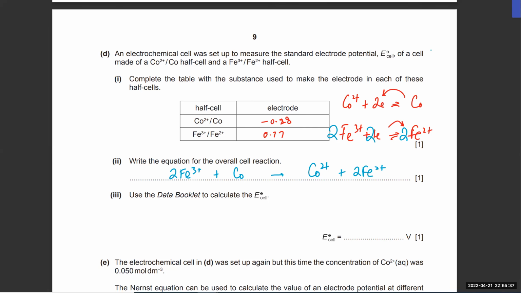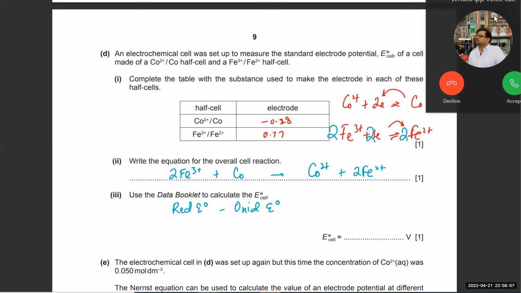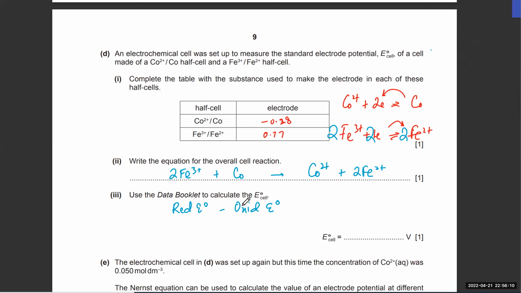And you have to calculate the E naught cell. It's a reduction potential, E naught, basically higher potential minus lower potential. It's going to be very useful if you remember it this way. The lower potential is written in reverse, right? Actually, nobody writes it in reverse.